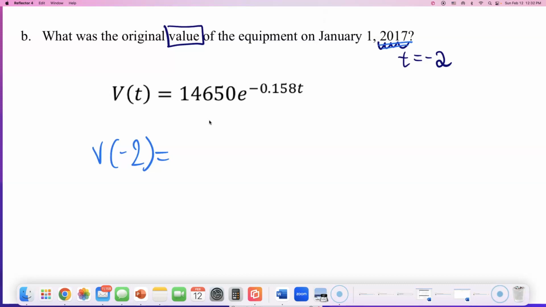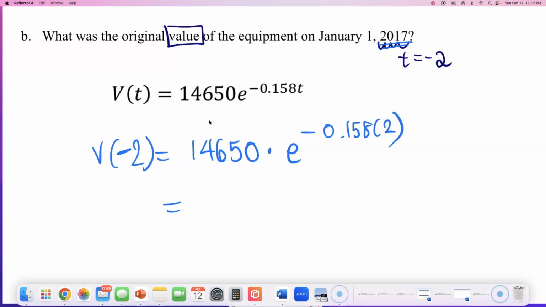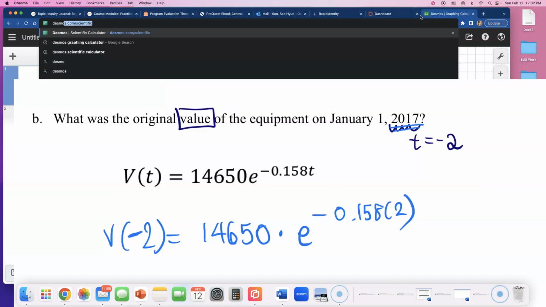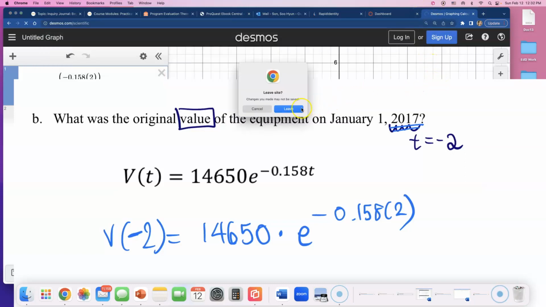So that's why I'm plugging in negative 2, okay? So do 14,650 times e to the negative 0.158 times 2. This whole thing can be typed into your calculator, okay? I think I will open up a Desmos Scientific calculator. So I'll go Desmos Scientific, and I'll type this in.